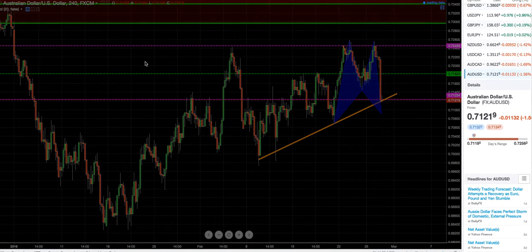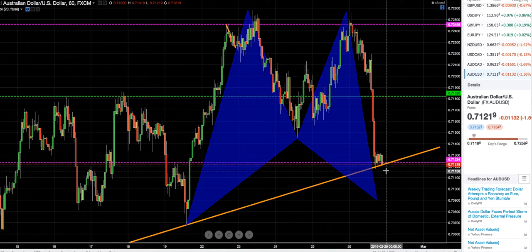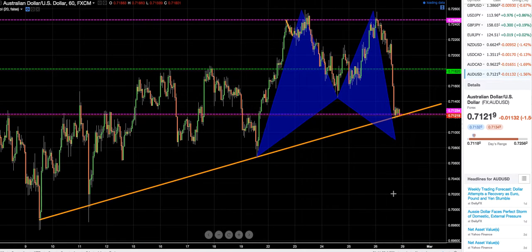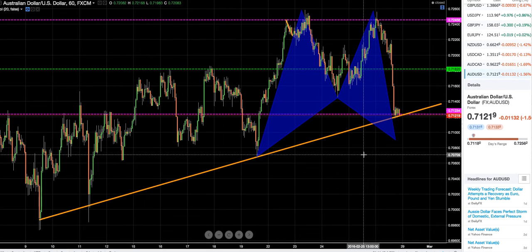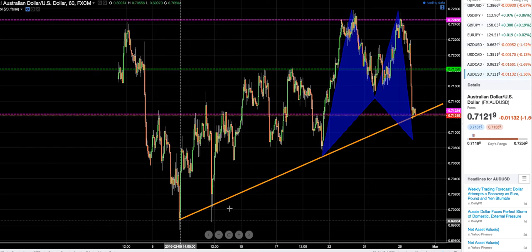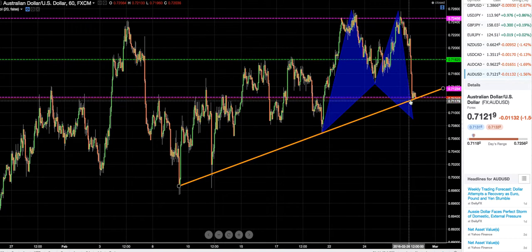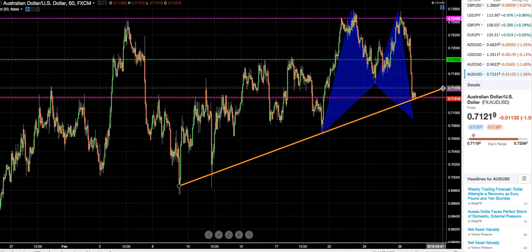The thing right now is that the market could quite possibly continue up from this trend line action right here. But I just want to show you guys if the market breaks through the trend line, comes down to our pattern completion.